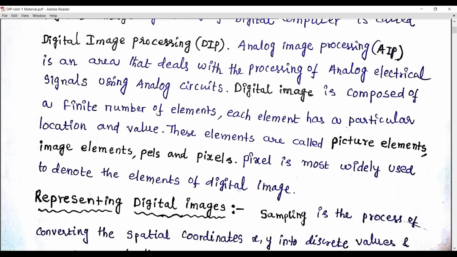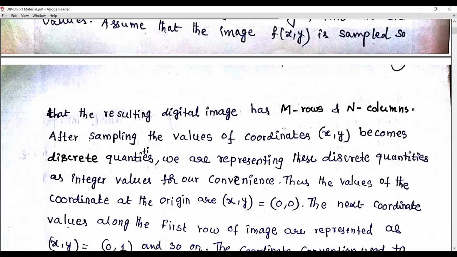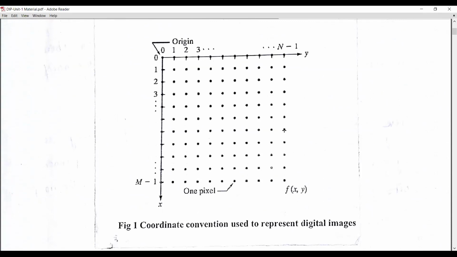Now, in order to understand how to represent an image, we can represent the image in different forms. This is one of the forms we have, the coordinate convention form, which is used to represent the image. What is the coordinate convention form? Here you can see this arrangement on the x-axis and y-axis. We have represented dotted values. These dotted values indicate one pixel each. The entire image f of x comma y is represented on the x-axis and y-axis.